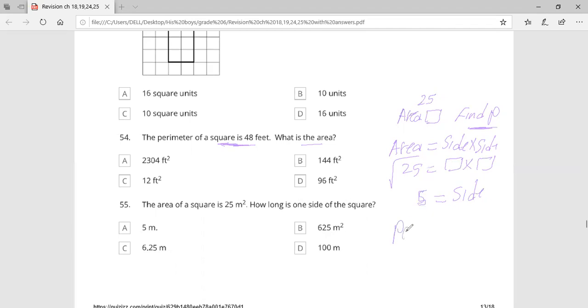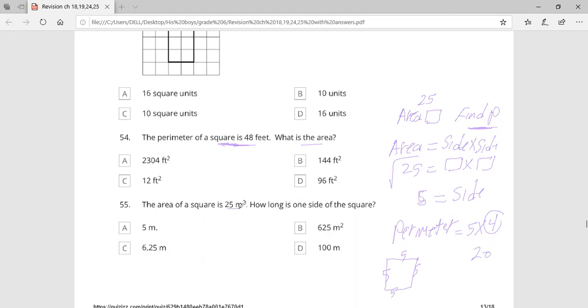The perimeter, as we said before, is side multiplied by 4. Because 5 multiplied by 4, we get 5, 5, 5, 5. If you add them, we get 20, like this. Okay, concentrate.